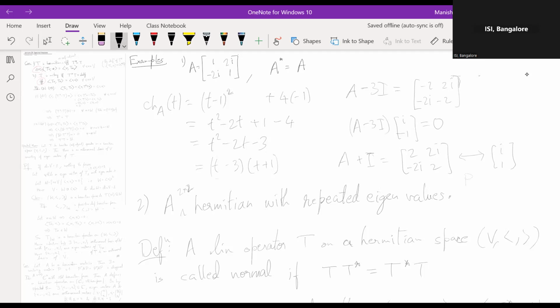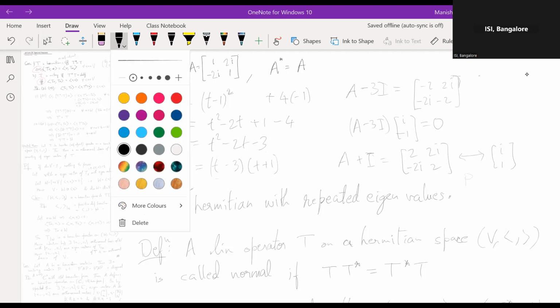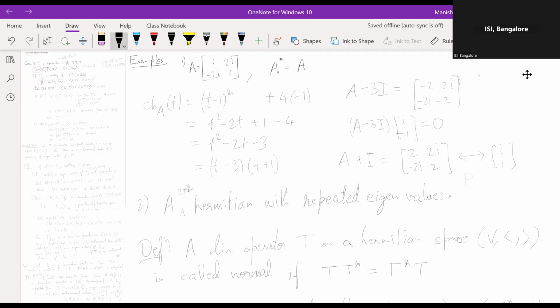Maybe P in this case is going to be, yeah. But the norm is not 1. What is the norm of this thing? What is the inner product of this with itself?